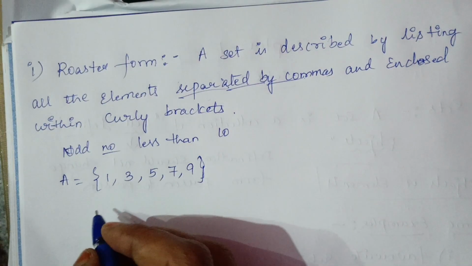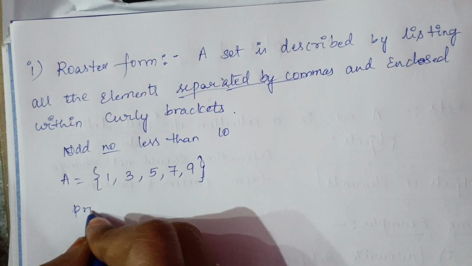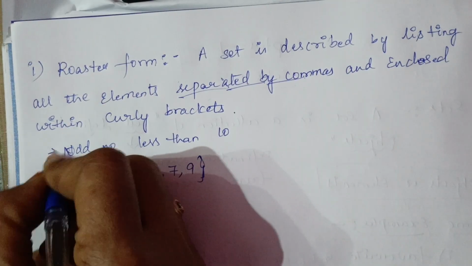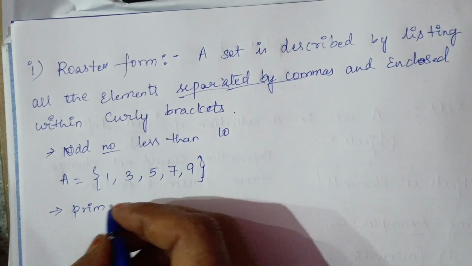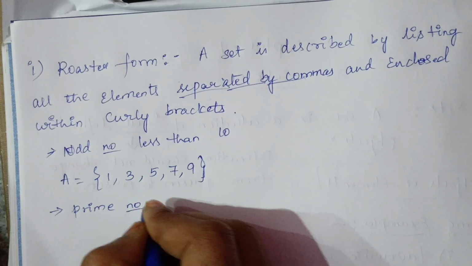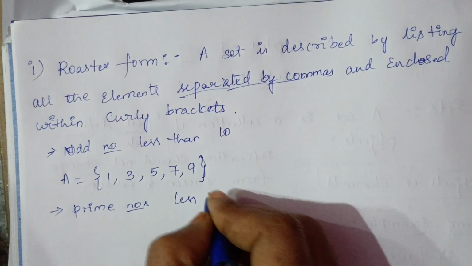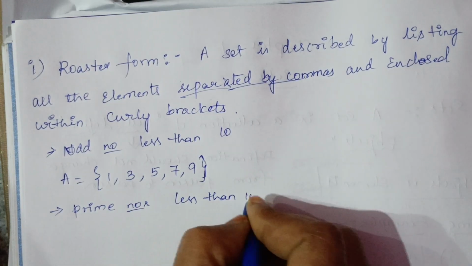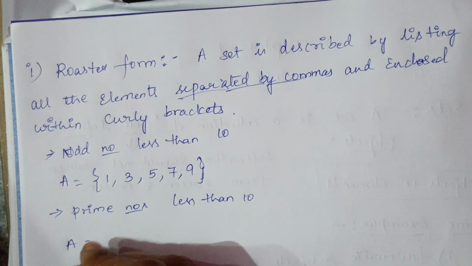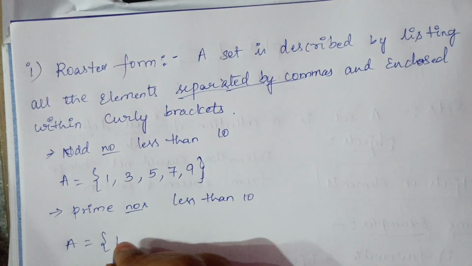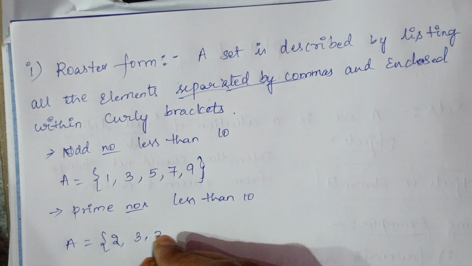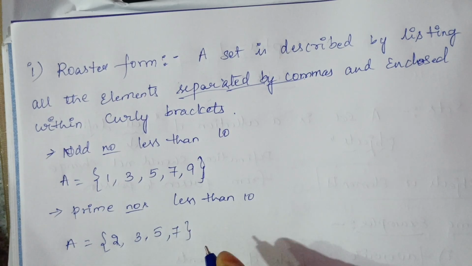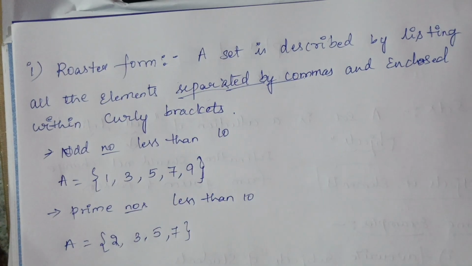One more example: prime numbers less than 10. B equals {2, 3, 5, 7}. These are the set.